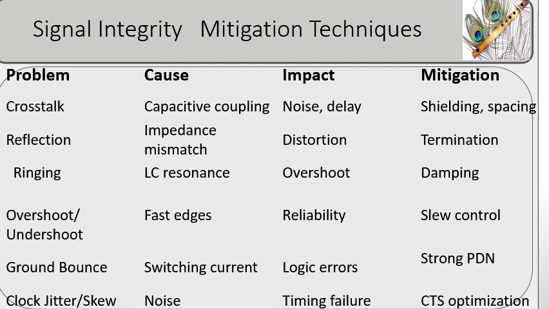Maintaining a robust power distribution network and controlling signal transition times further improve circuit stability. These techniques preserve signal quality, increase timing margins, and minimize functional errors during high-speed operation. Ultimately, successful signal integrity design ensures that every signal reaches its destination accurately, reliably, and at the intended time.